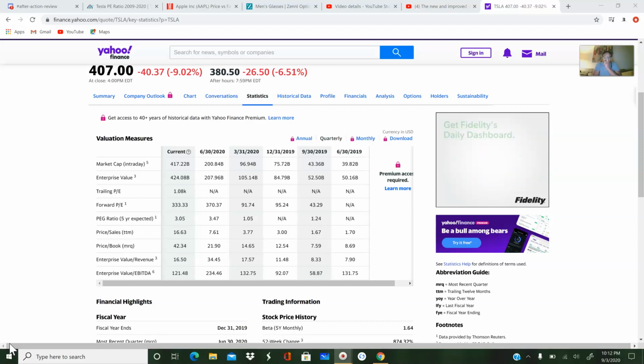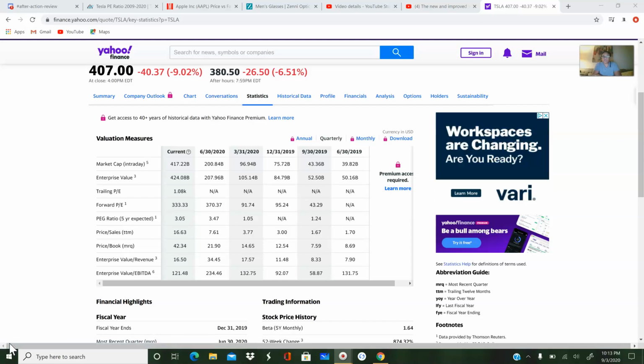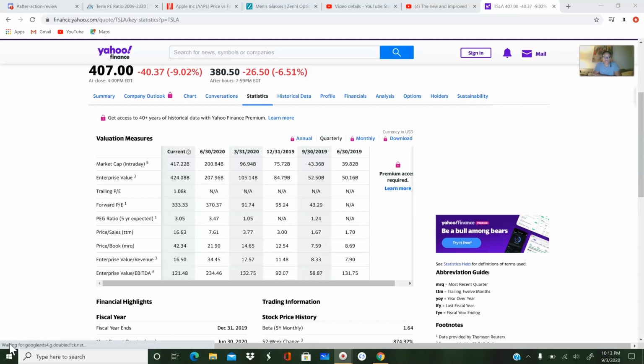So how much money that company earns per share. Let's say, for example, company ABC, their share price is 20 bucks a share, and their earnings is 5. Putting that together, that would mean that their PE ratio would be 4. Just a very simple calculation as far as PE ratio is concerned.